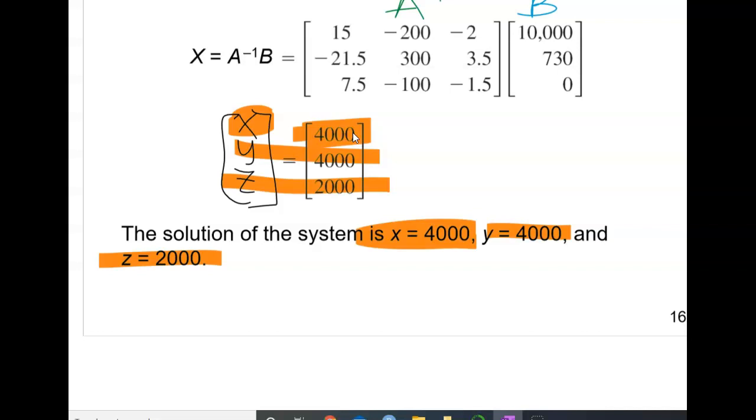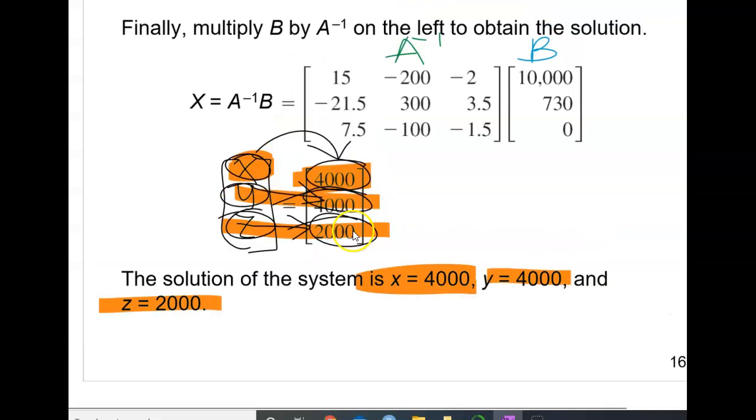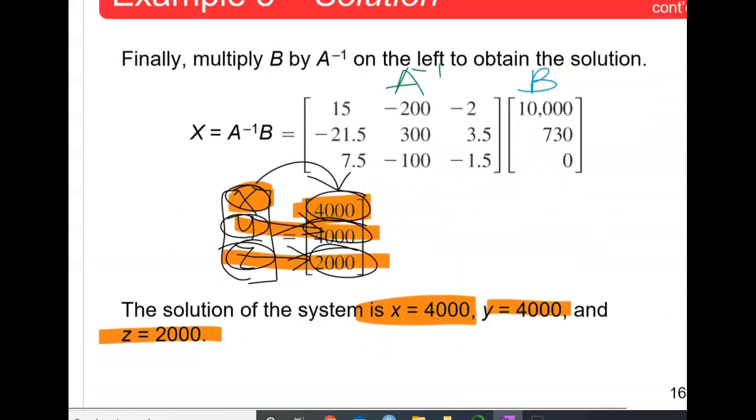Because remember, we have one matrix on each side of the equal sign, so they are both 3-row by 1-column matrices, and we are saying that if the location in the matrix is the same, they are equal. So X equals 4,000, Y also equals 4,000, and Z equals 2,000. So this is the end of the video.